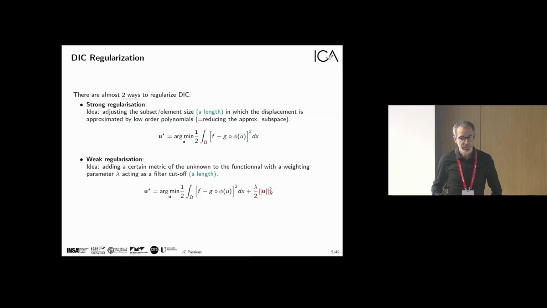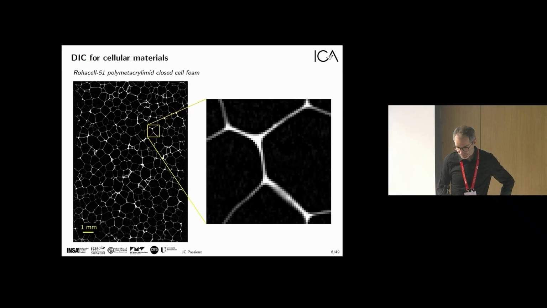In our situation, we usually define a metric that is related to elasticity. Lambda is a parameter which can be seen as a filter cutoff, so you can link this lambda to a certain length also. So there are two families of regularization.